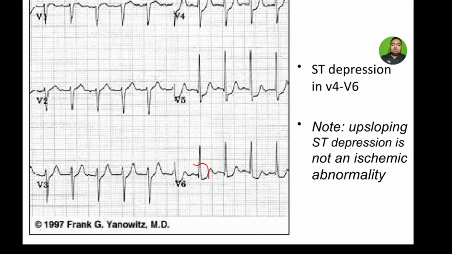You can see V6, V5 and V4 show depression of the ST segment. Note that upsloping ST depression is not an ischemic abnormality.